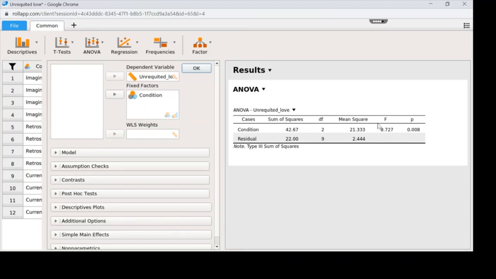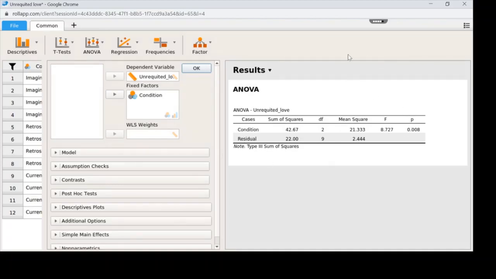So our calculated F value is 8.727 and our probability is 0.008. This means the probability of getting an 8.727 or higher in the F distribution is very small. It's 0.8%. Since this is less than 0.05, remember anything that's less than 0.05 is significant, then we can move forward with our post hoc test.